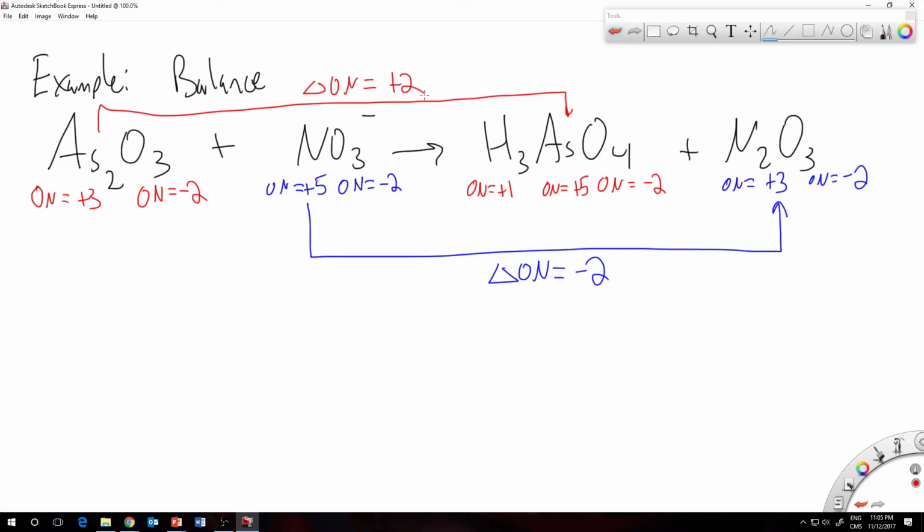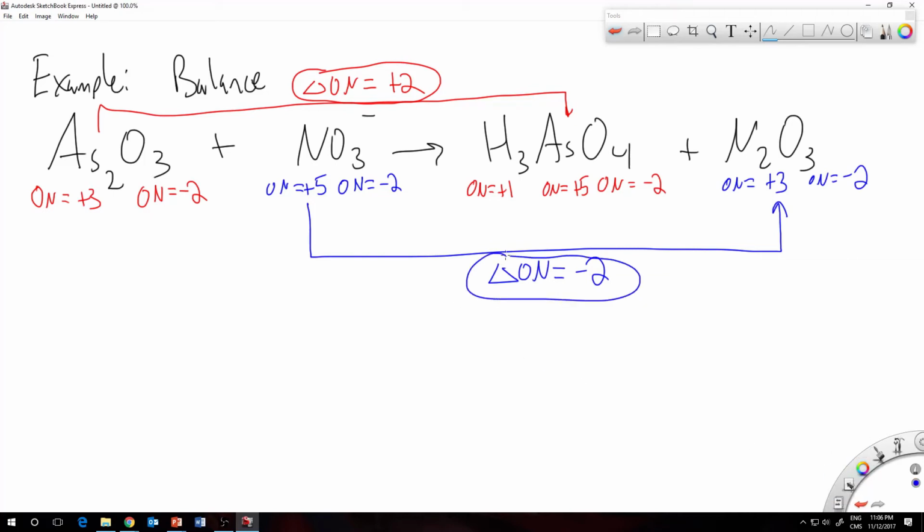Alright, now, it turns out that in this case, the oxidation number change balances out quite nicely. So we don't actually have to do anything. The oxidation number change is already balanced, so we are good to go on that side.